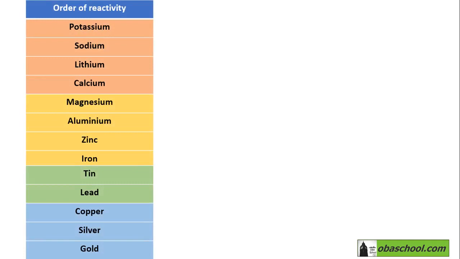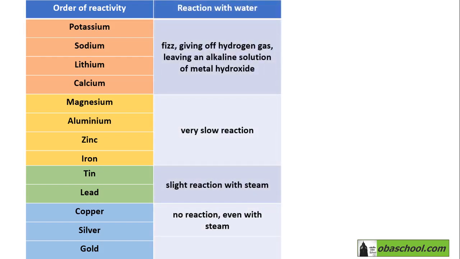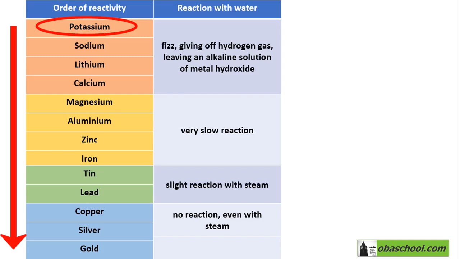In the following table, we will be ordering and summarizing the reactions of some important metals with water and dilute acids. So, we are going to summarize the reactions with water and according to the order of reactivity. So potassium, according to the following table, is the most reactive metal and gold is the least reactive metal.